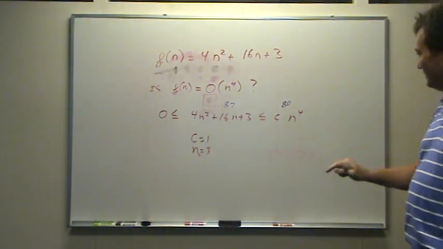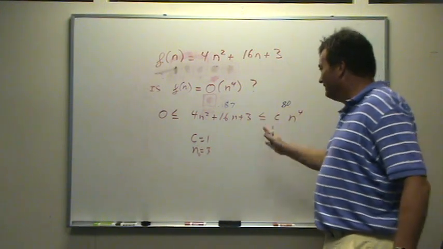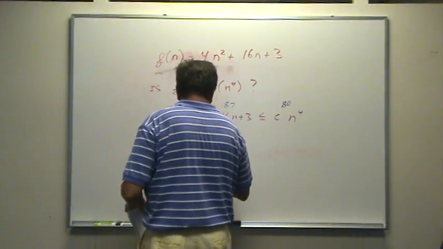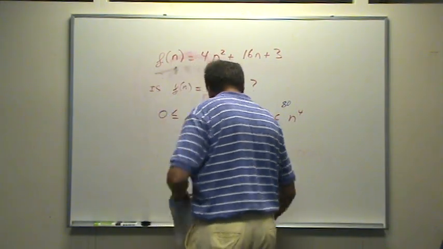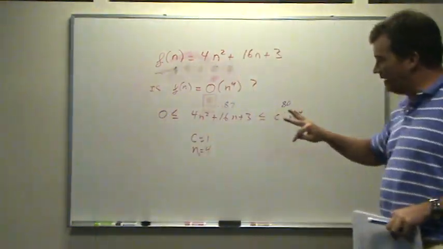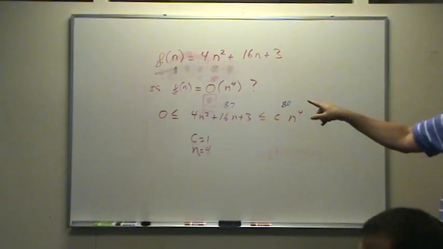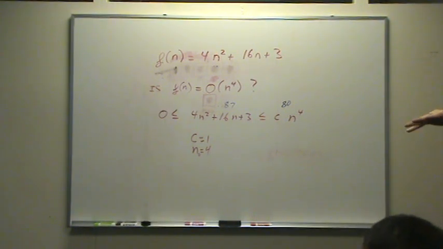If n is 4, this one's going to take over that one. So what this formula is saying is, can you come up with a c and a particular value, saying from 4 onward, this is a true statement. It's not true for 1, 2, and 3, but those are for when n is really small.